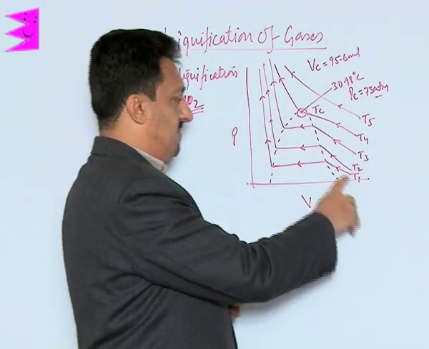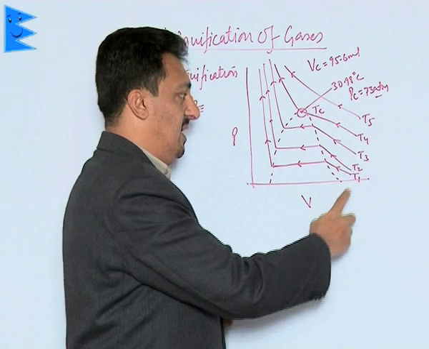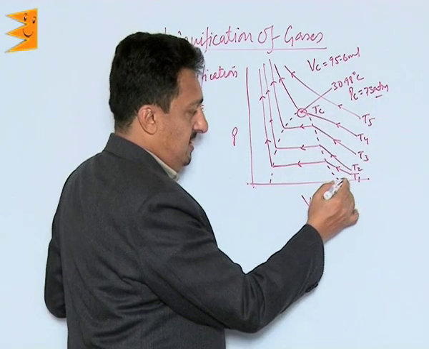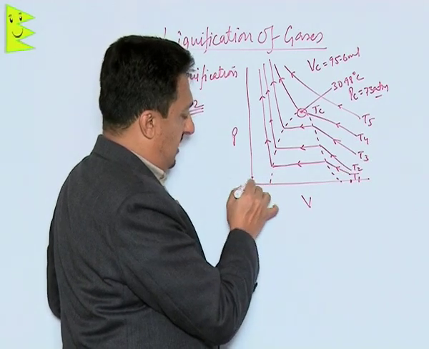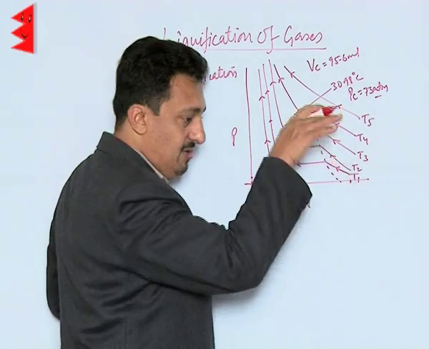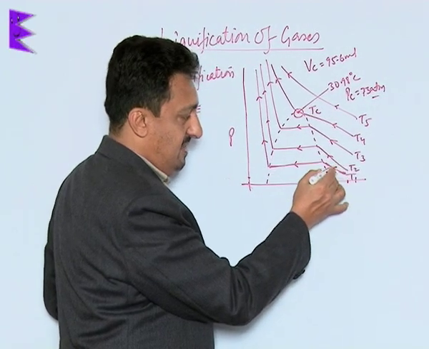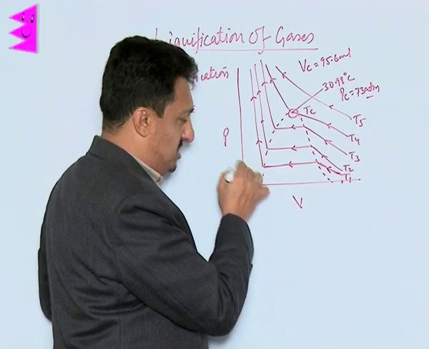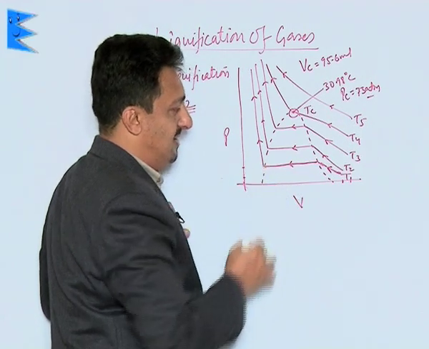These are isotherms plotted at different temperatures, T1, T2, T3, T4, T5, and it goes on increasing. At temperature T1, the volume occupied by the gas was this much and the pressure was this much. When we start increasing the pressure in order to liquefy it, the volume decreases, so the graph goes as the arrow shows. And suddenly at a particular pressure, the volume decreases drastically and a horizontal line comes on the isotherm.